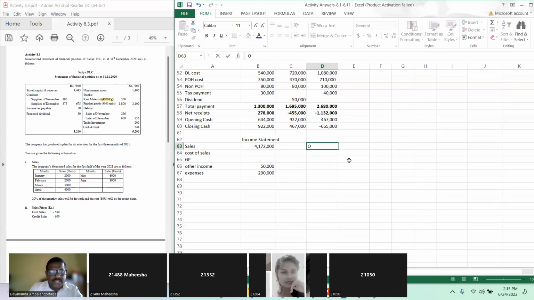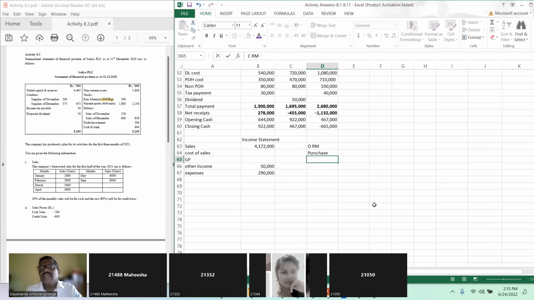Opening raw material, right? Purchases. Closing raw material.